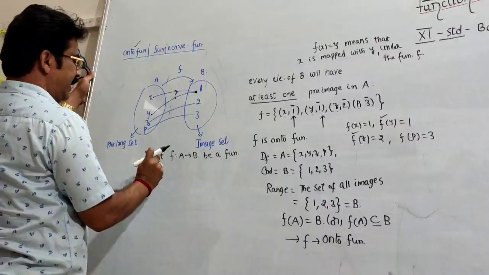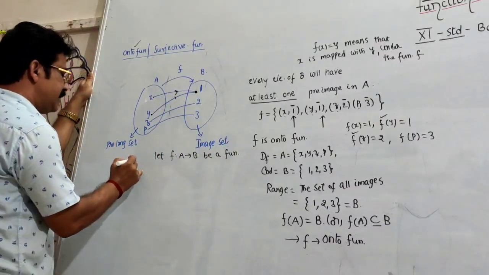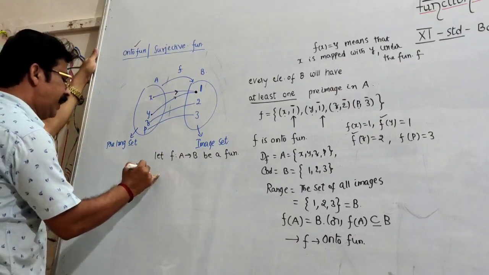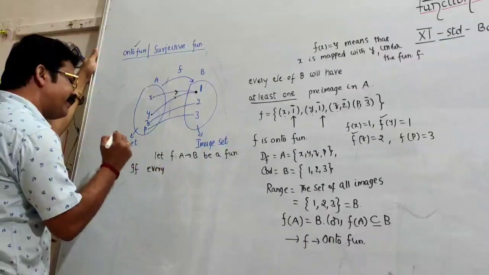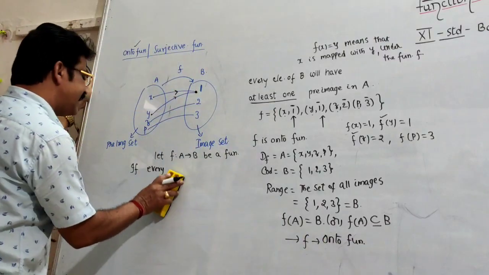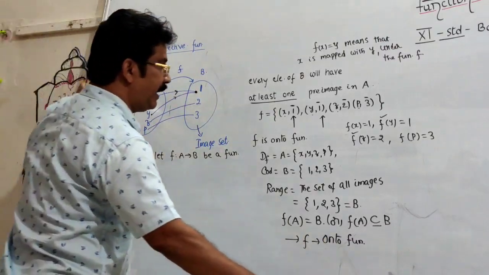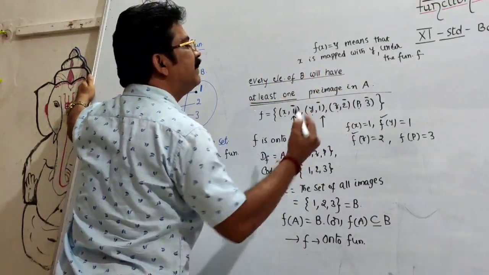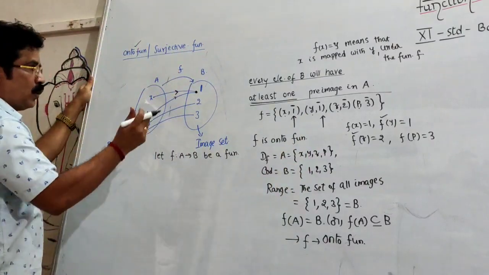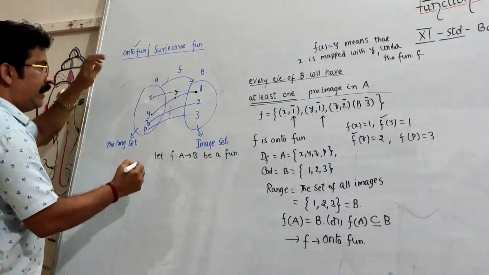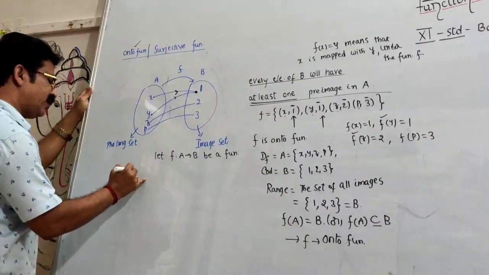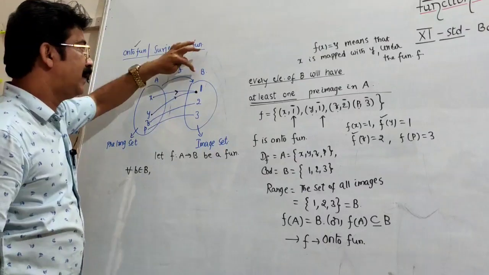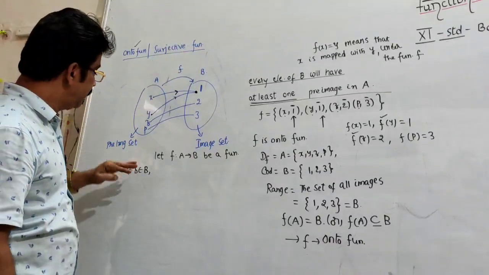So what I am telling is, let f be a function if every element of B will have at least one pre-image in capital A. Another way, in other words, we can write for all b belongs to capital B. Already I said for onto function, the definition will start with the B set.